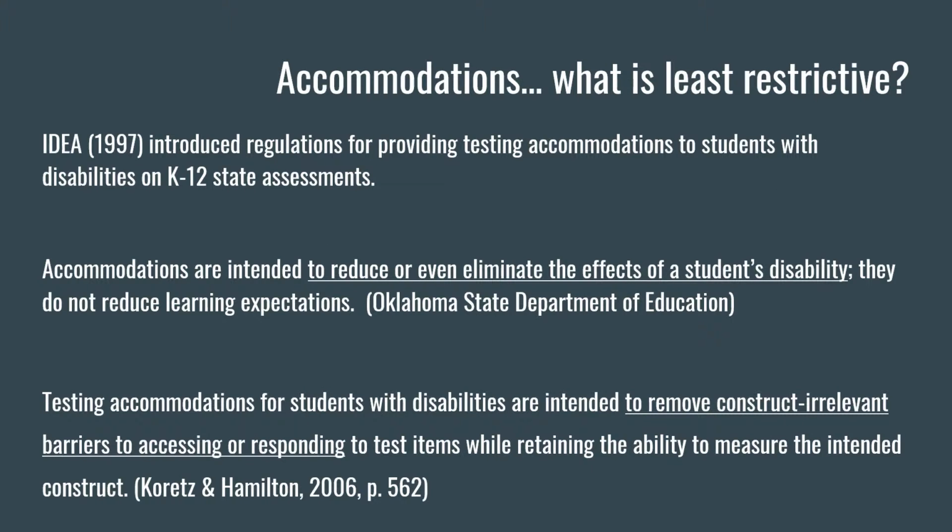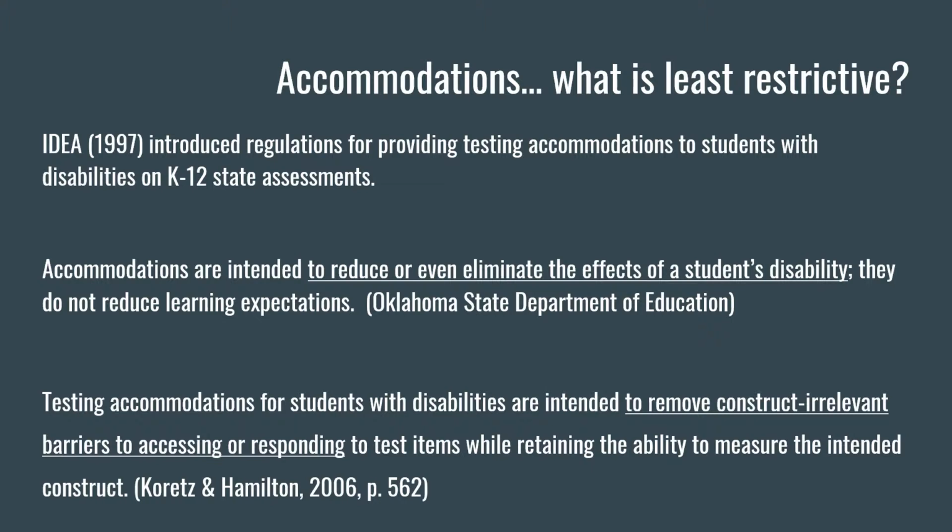When we look at accommodations, it's important for us to look at what's least restrictive for the child. IDEA 1997 introduced regulations for providing testing accommodations to students with disabilities on K-12 state assessments.